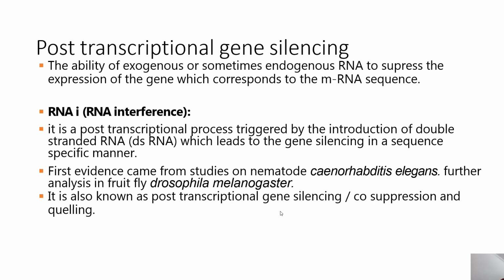RNAi pathways are guided by siRNA, small interfering RNA, which has an integral role in the phenomenon of RNA interference, a form of post-transcriptional gene silencing. siRNAs are 21-25 nucleotide fragments which bind to the complementary portion of the target mRNA and tag it for degradation.